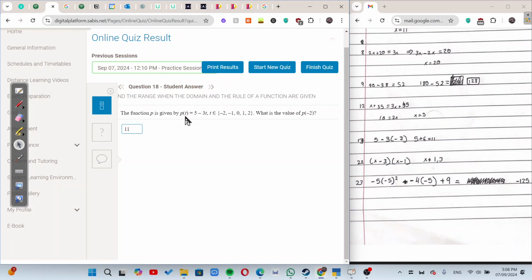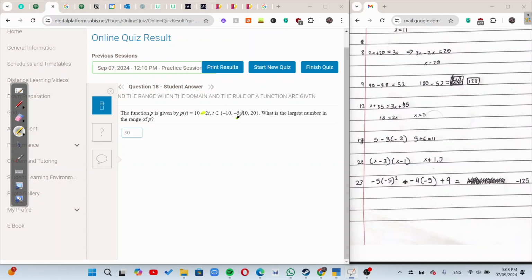Next one. The function p is given by p(t) equals 10 minus t squared. For this, you have to do a little trick. You need to see if the sign in between is negative or positive. If it's negative, you look at the set of numbers they gave you and look for the biggest negative number. Don't look for the biggest positive number.